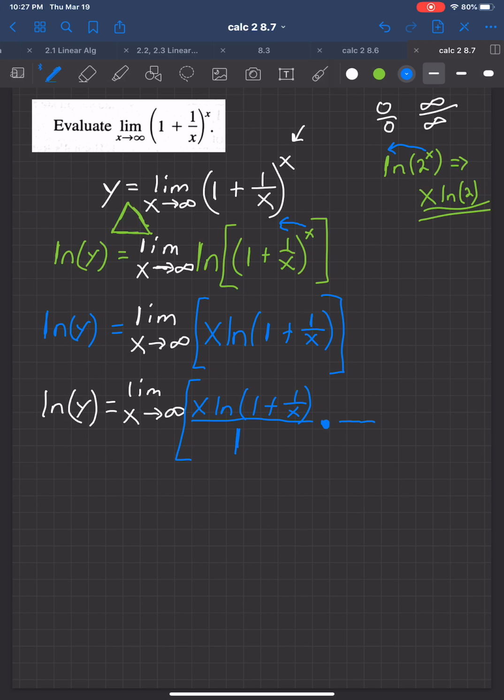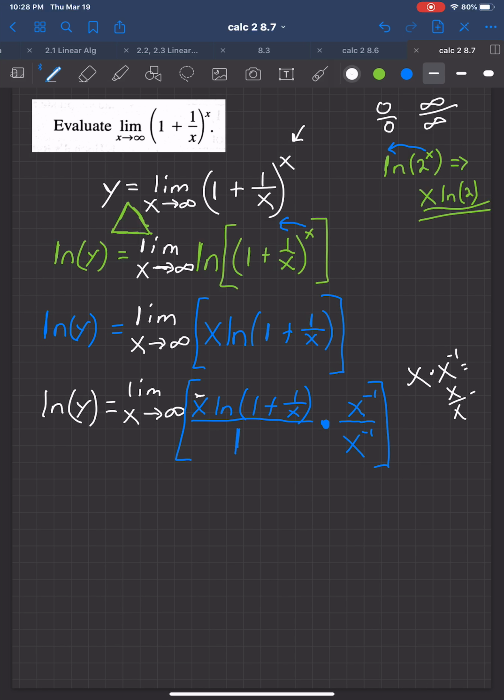Let's see if I write it, and then let's see if this makes sense to you. I'm going to go ahead and multiply by x to the negative 1 over x to the negative 1. Now, why do I choose x to the negative 1? Well, because if you take a look at x times x to the negative 1, that's just 1, right?